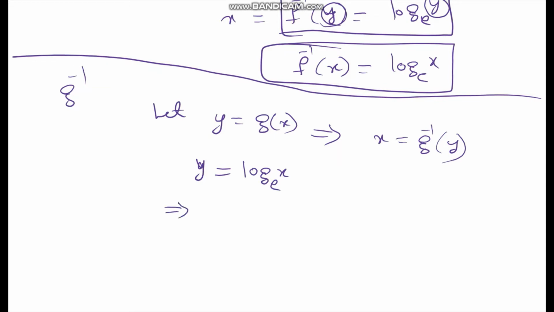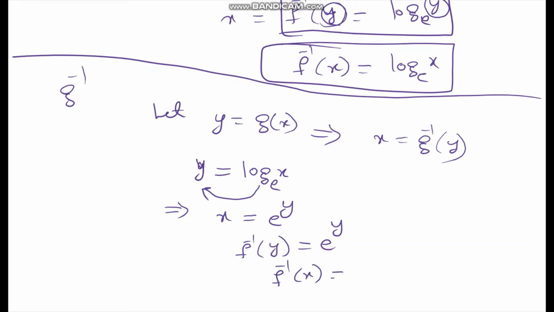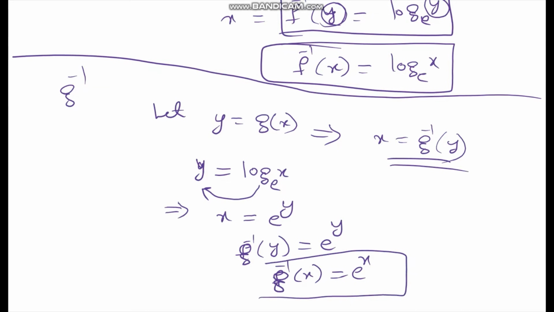That implies x equals e power y. If I bring this log e to the left hand side, it becomes e power y. So g inverse of y equals e power y, g inverse of x equals e power x. So this is g inverse of x.